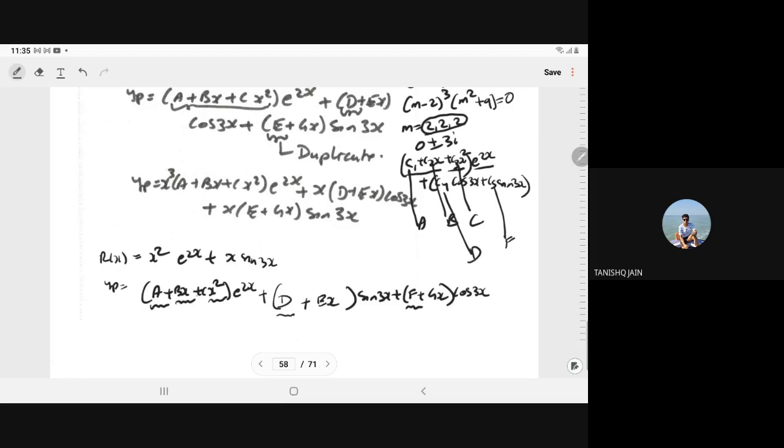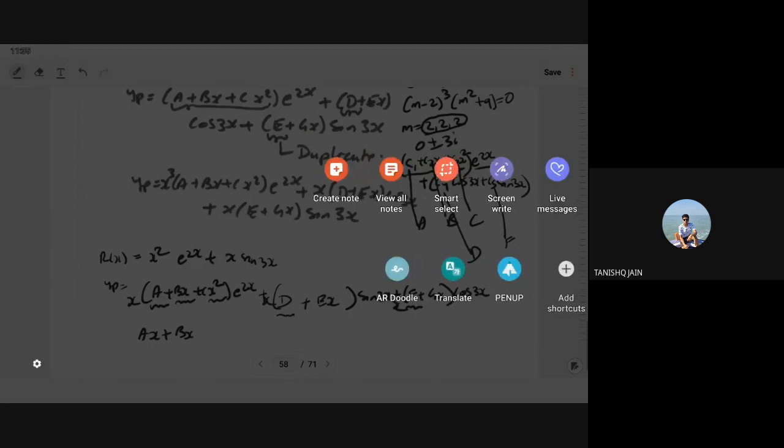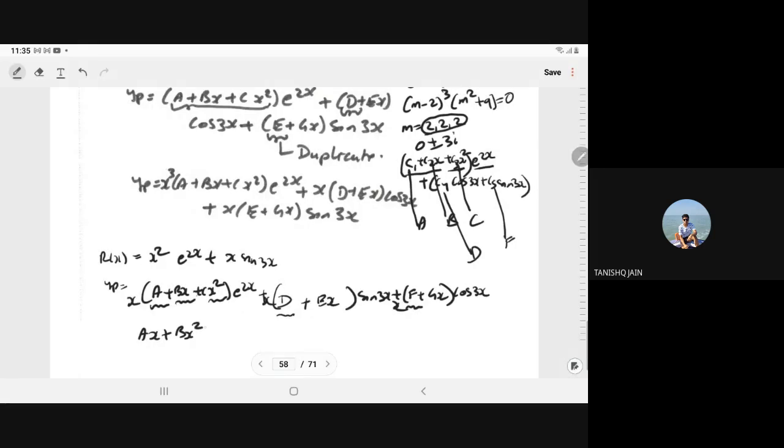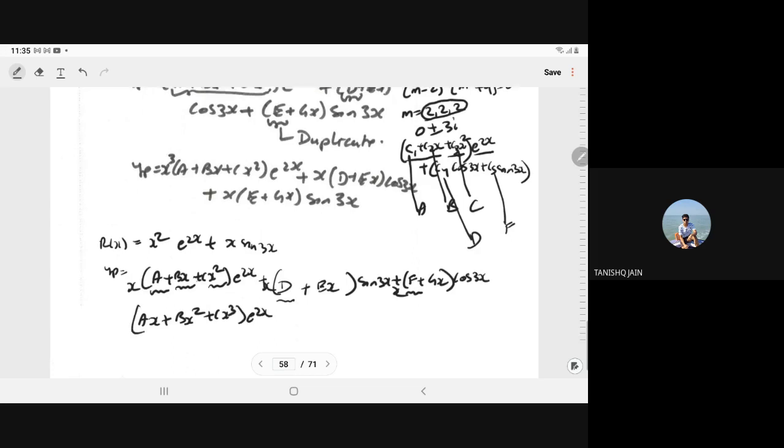So to avoid the duplicacy, what we can do, we multiply with x. When you multiply with x, here you have (ax plus bx square plus cx cube) into e to power 2x.